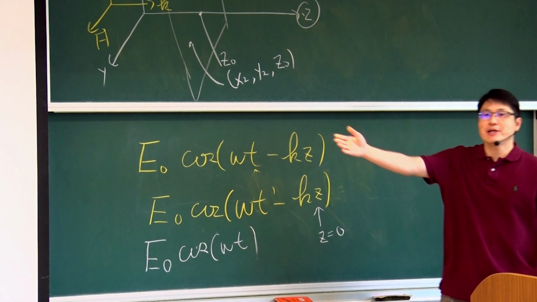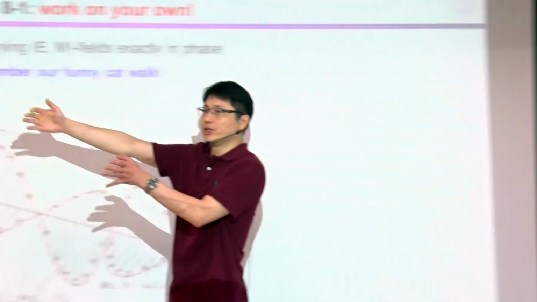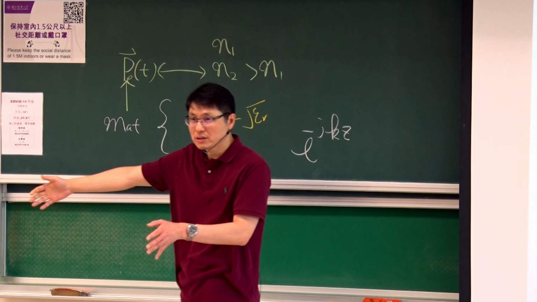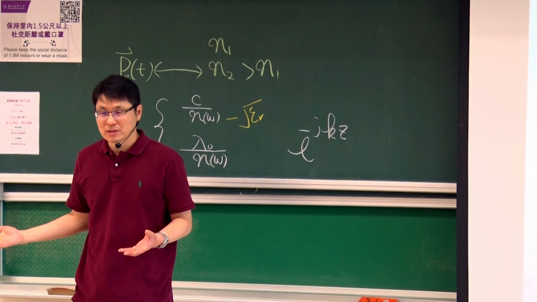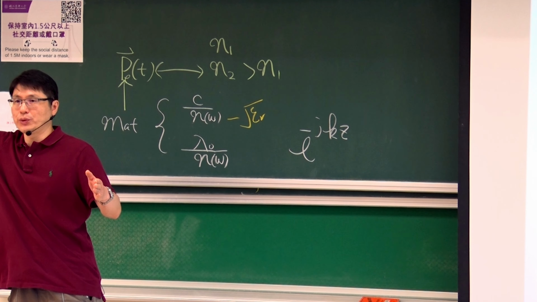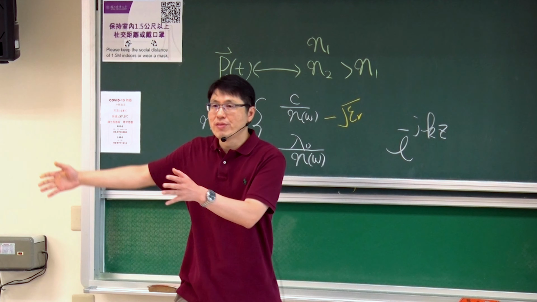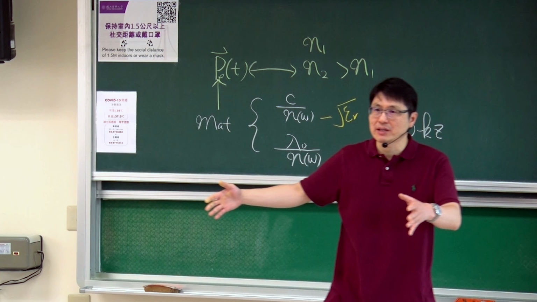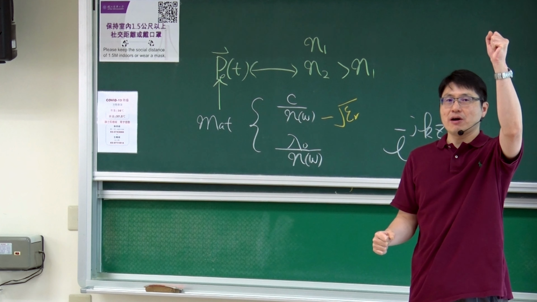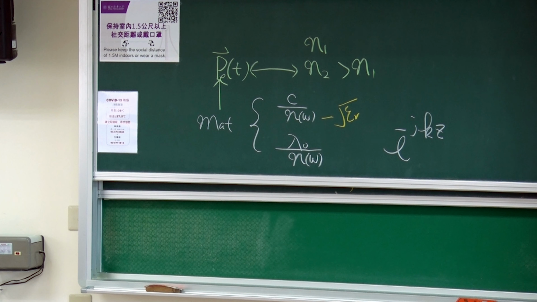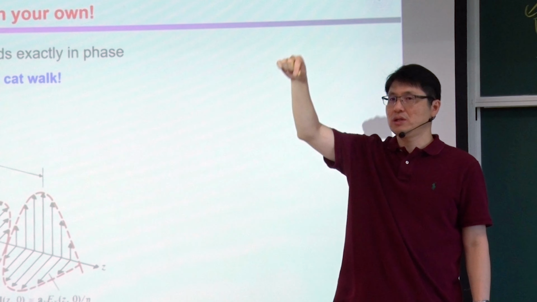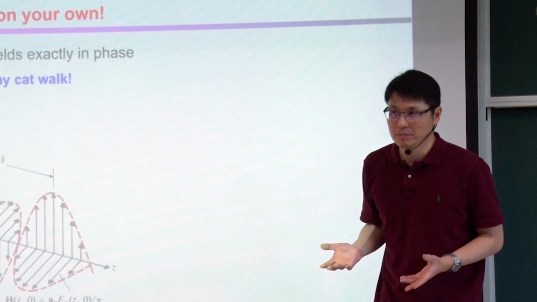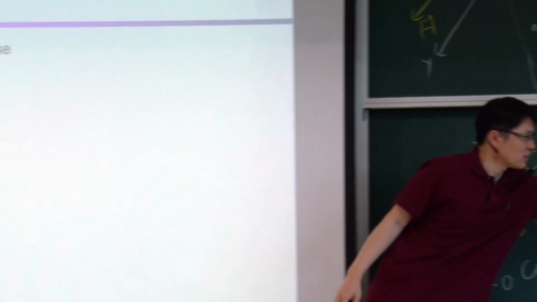In the first case, they were standing here, not moving, because time was frozen, so you only see the spatial behavior, you only see k. When they were moving, that's omega t minus kz. The wave, how strong the field is, just propagates at a certain speed. But for me as the measurement person, I was able to see how the field changed according to time because my location was fixed.